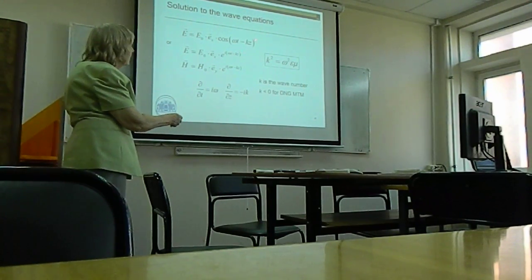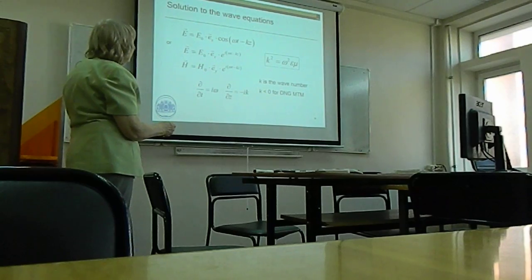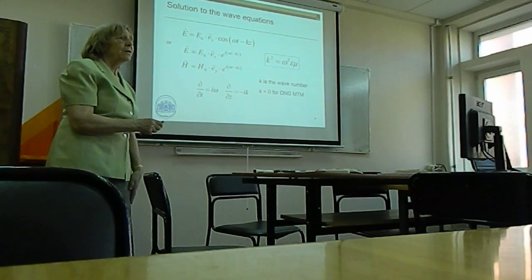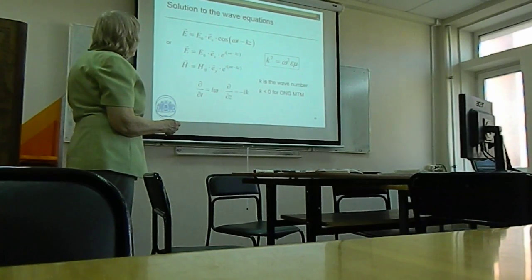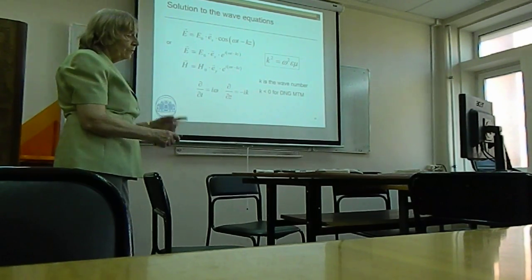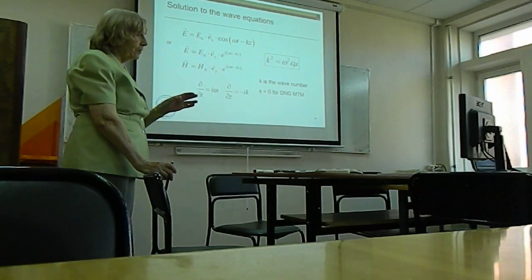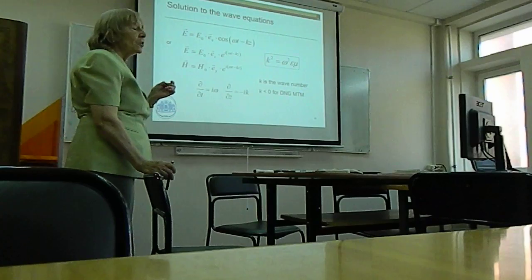So we have this dependence on the coordinate, and in time it is oscillating, and we have this part which depends on time. What we have here: omega is the frequency, and K is the wave vector. In this case, when the wave propagates along only one coordinate, it is a one-dimensional wave.